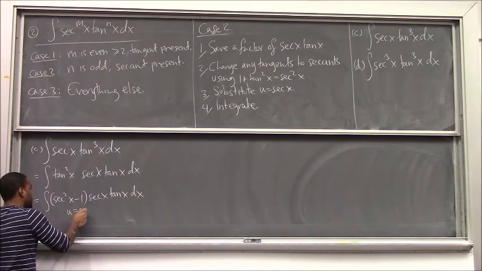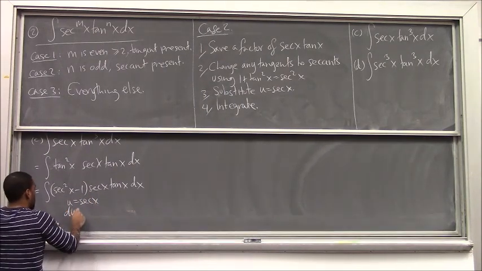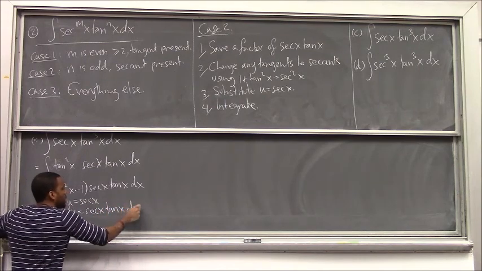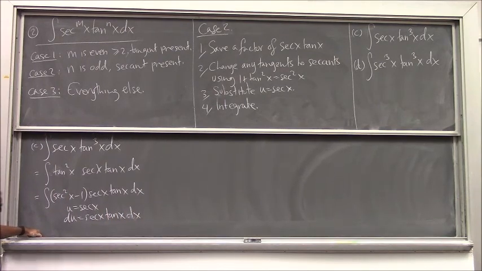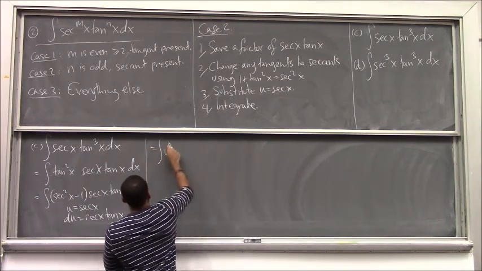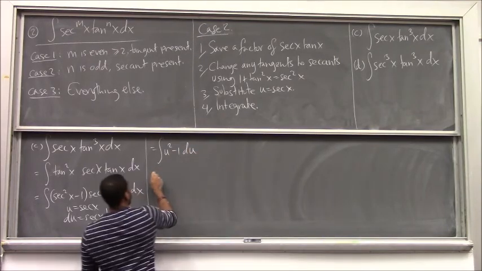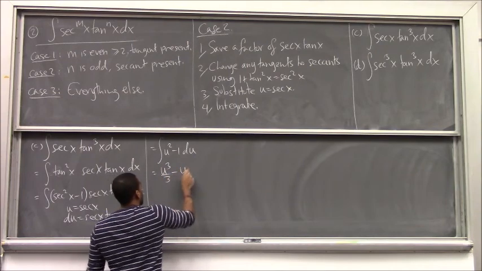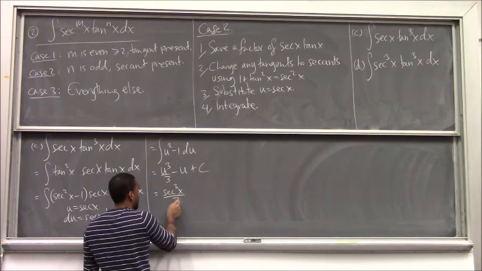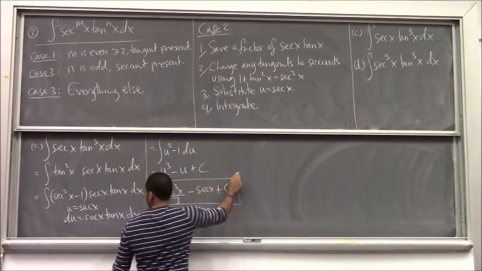Then do a u equals secant, du is going to be secant x tangent x dx. That's your integral, and u cubed over 3 minus u plus C. That's that answer.